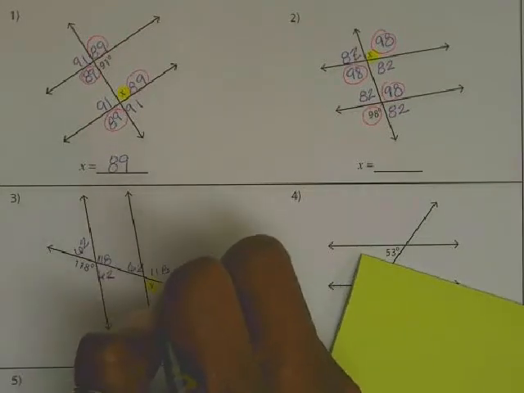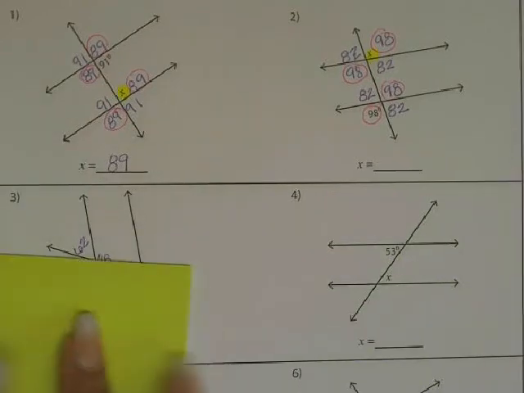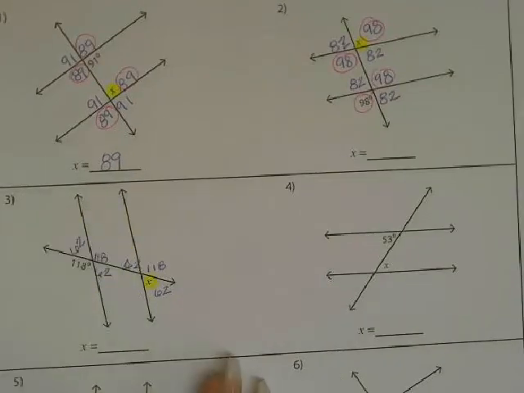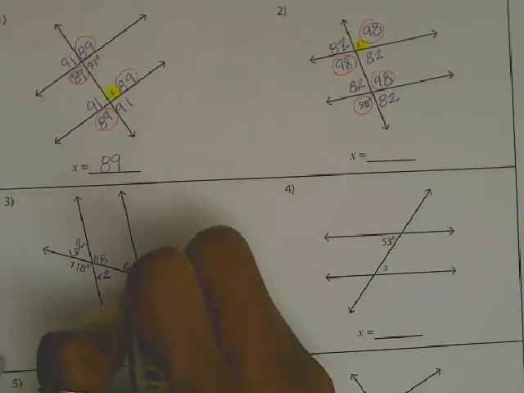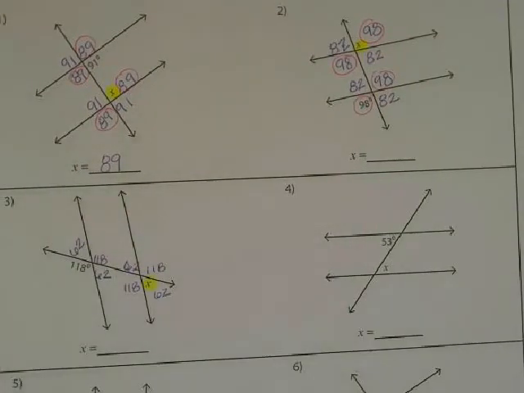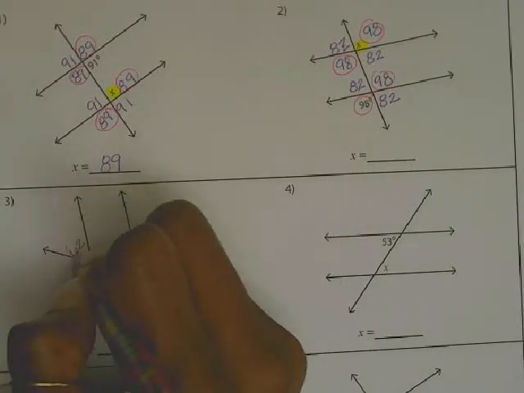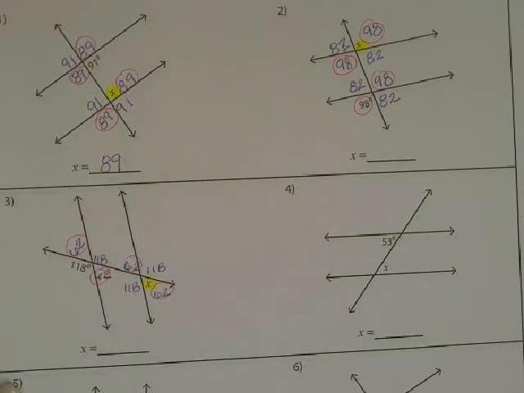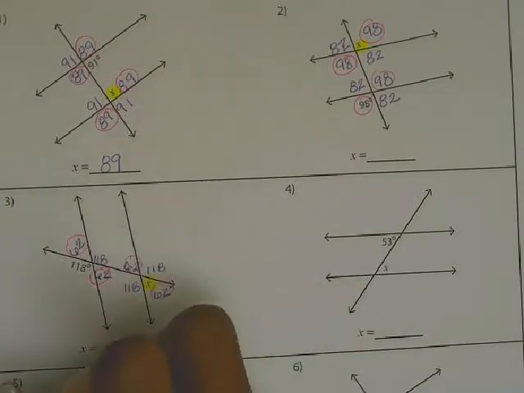This is going to be my 62. Because remember, that has to be 180 degrees. And so this is going to be my 118. So again, looking at those patterns, there's my 62, 62, 62, 62. My X was 62.